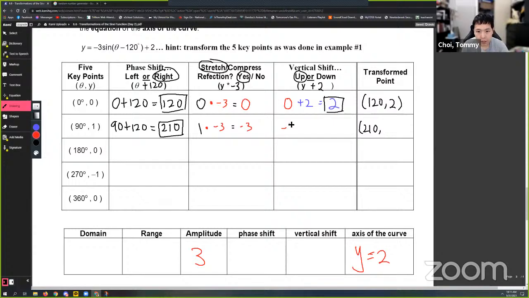We then take that value of negative 3 and we add 2 to it, and that's going to give us negative 1. And that's going to be our y value, negative 1. And so on and so forth, continuing onwards in that same fashion.